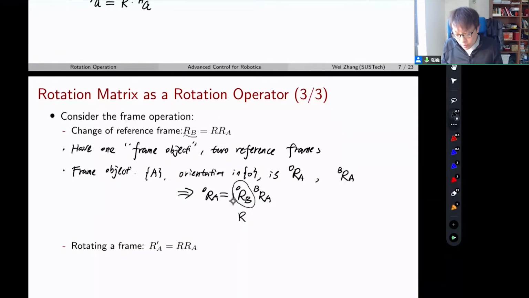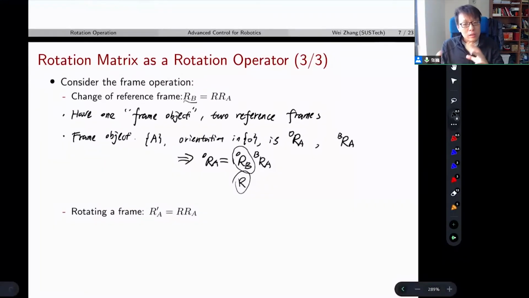What I mean is that whatever I'm multiplying here is a change of coordinate. Whenever you think about change of coordinate, that R always represents the orientation of one coordinate frame with respect to the other coordinate frame. You can also think about it as an action.